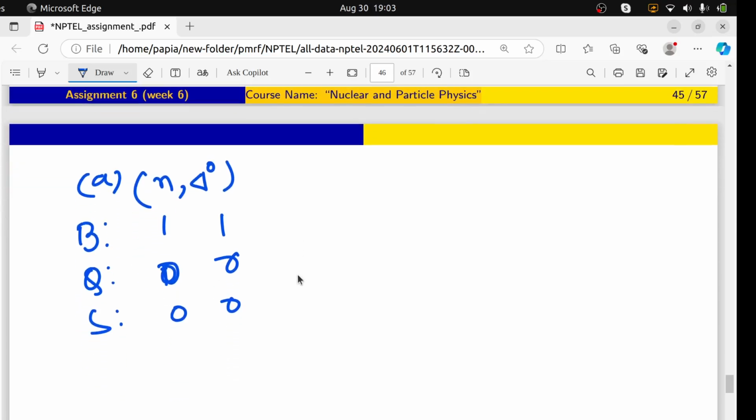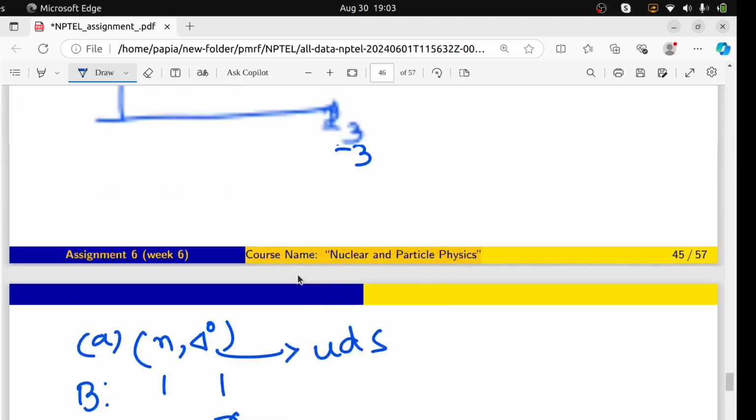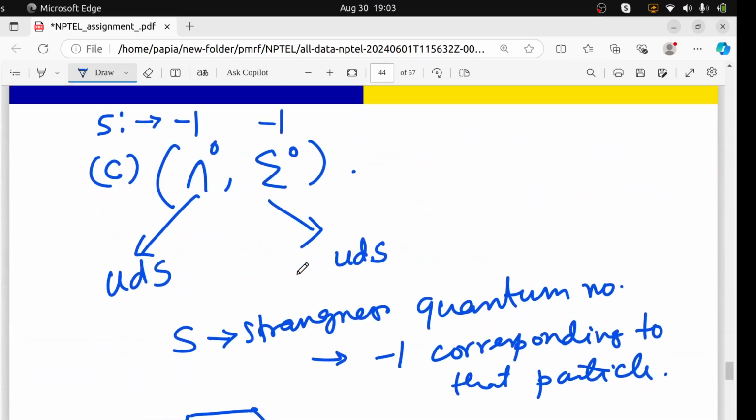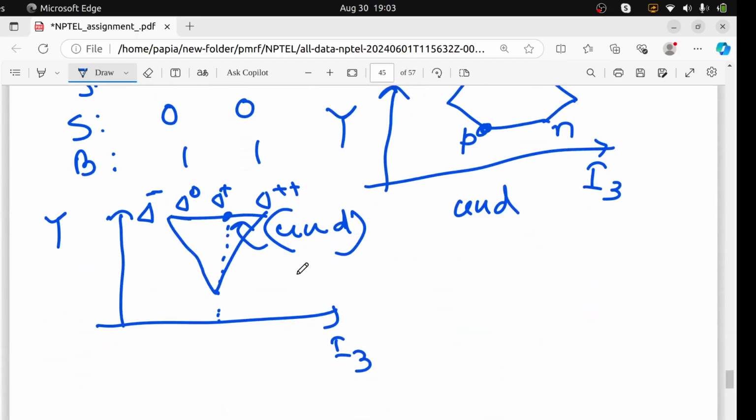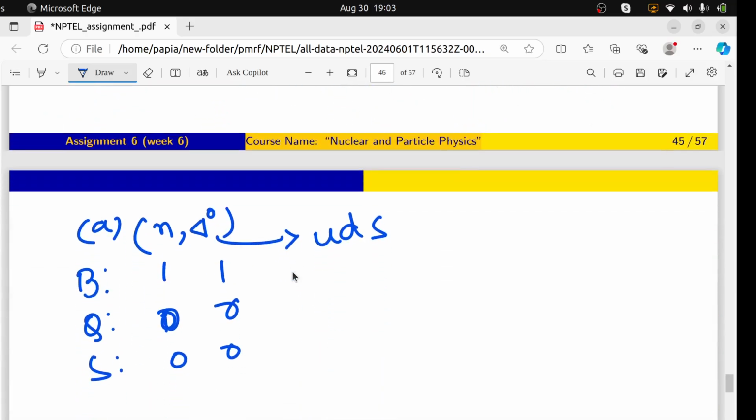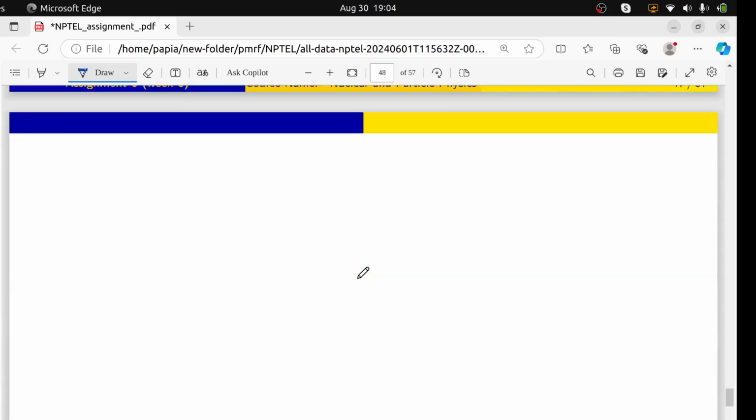But delta 0 has... I also forget right now what the quark content for delta 0 is. I have already mentioned it here somewhere maybe.